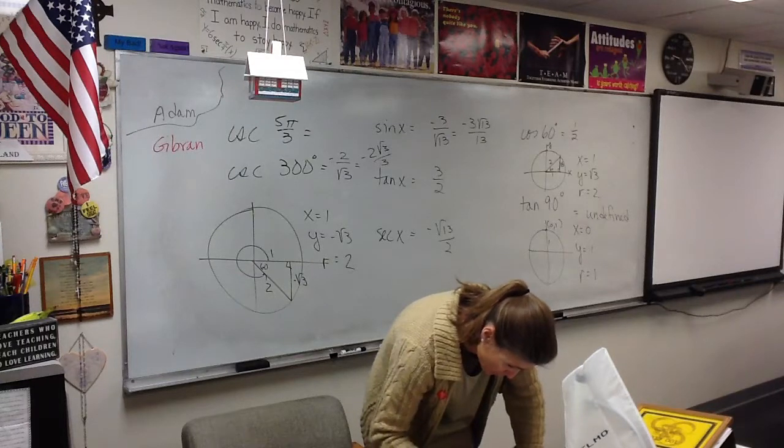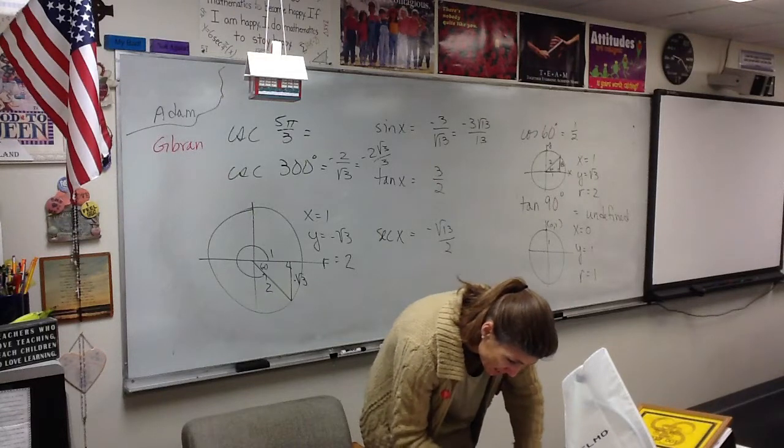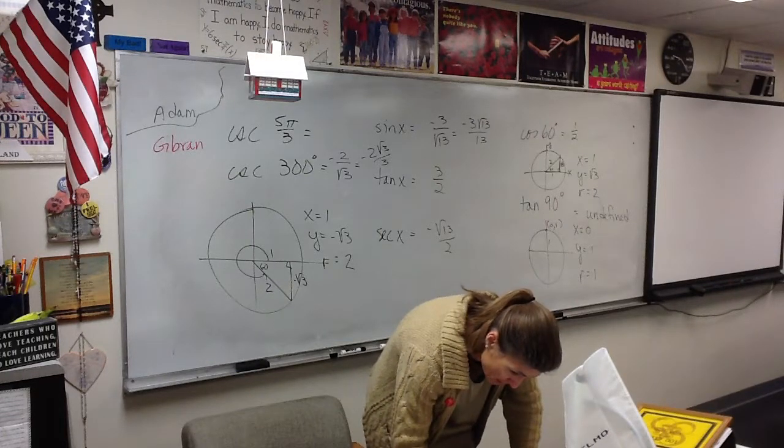Also pay attention to the rounding. We have issues with that, some of us do. 1,000th would be how many decimal places? 3.